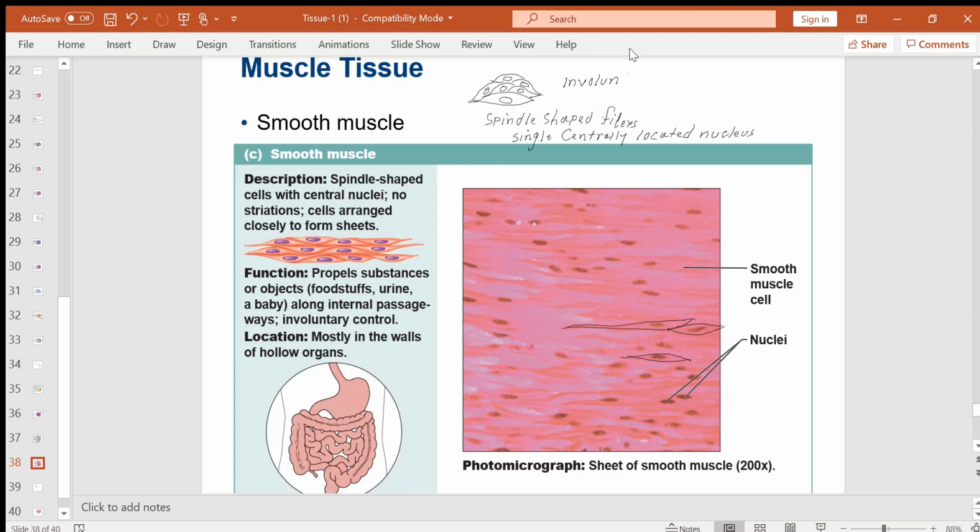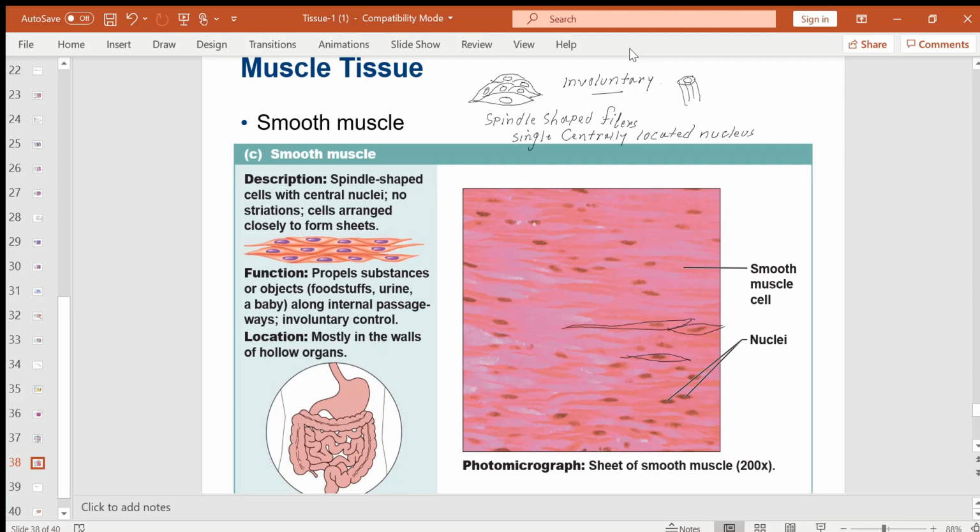So only skeletal is voluntary, and they are attached to the bones to move the bones as you desire. Smooth muscle is found in the wall of the tube-like structures, right? I talked about that before, like arteries, intestine, your trachea, respiratory tract, right?